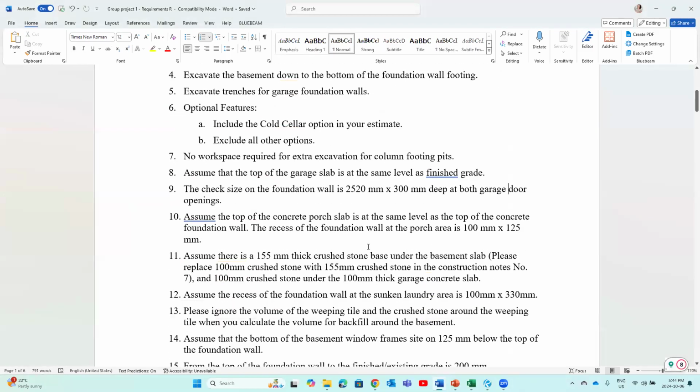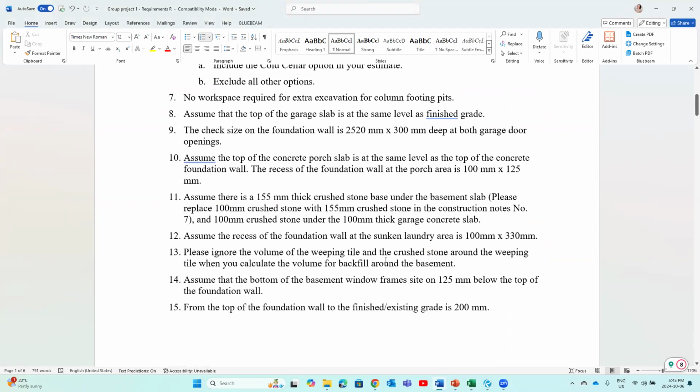I also tell you what is the recess on the foundation wall and porch slab is 100 millimeter by 125. Say the recess of the foundation wall at the sunken laundry area is 100 millimeter by 330. So 100 millimeter is the width, 330 is the depth.